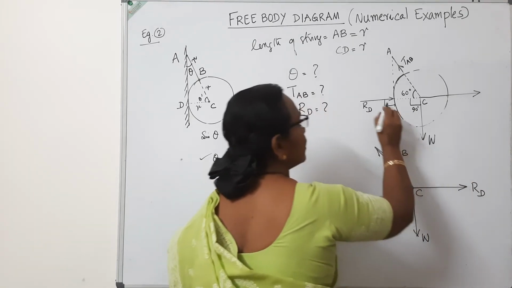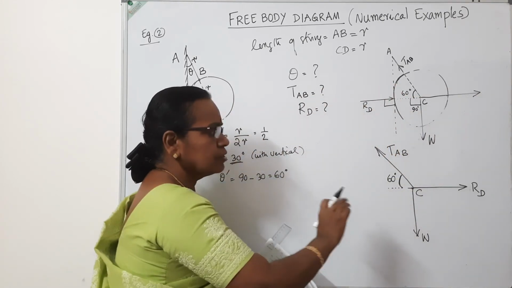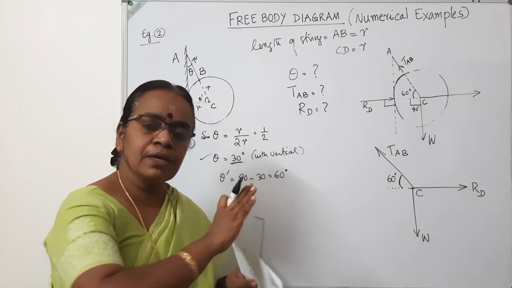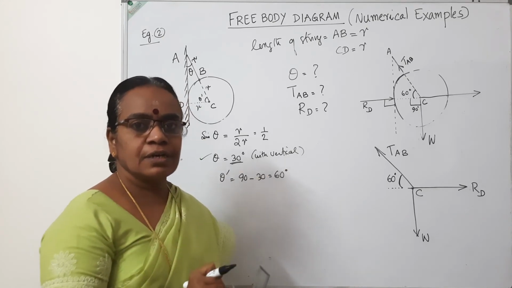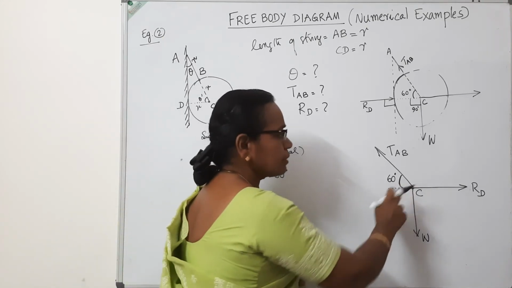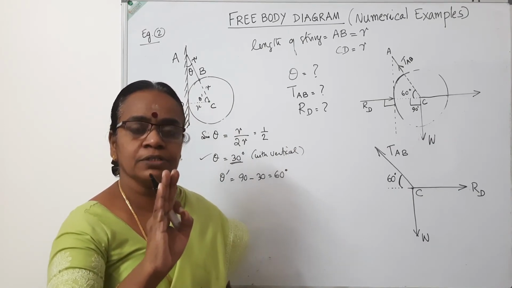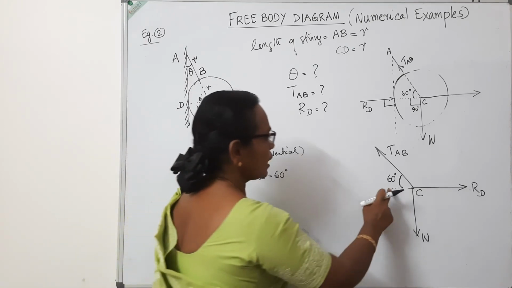From the point C here, RD can be extended to this direction, so that it will not produce any change in the body, because the point of application of a force can be transmitted along its line of action. So now it satisfies all the conditions for Lami's theorem. There are 3 forces acting at a single point, and all the 3 forces are acting away from the joint. So this angle is 60 degrees.